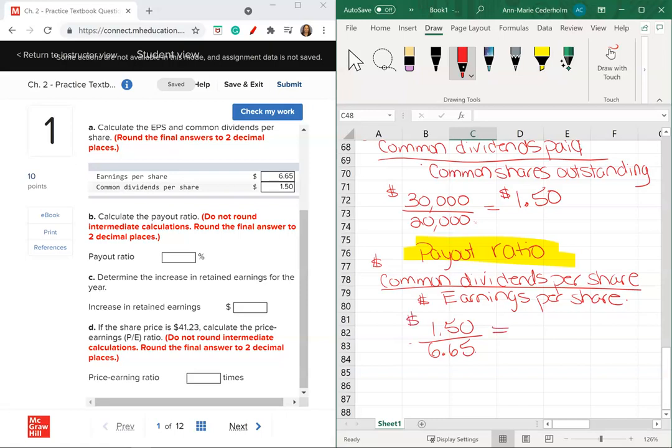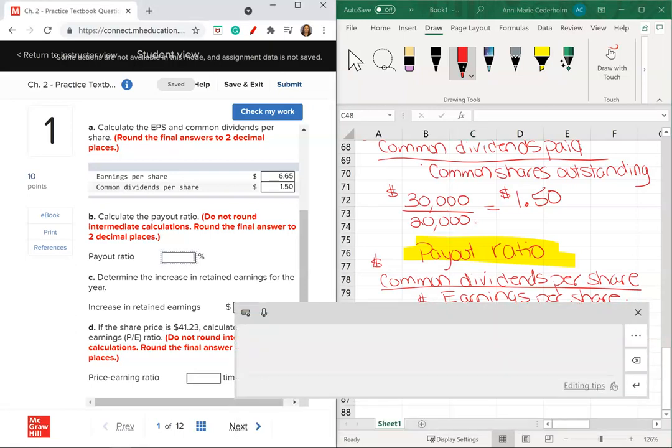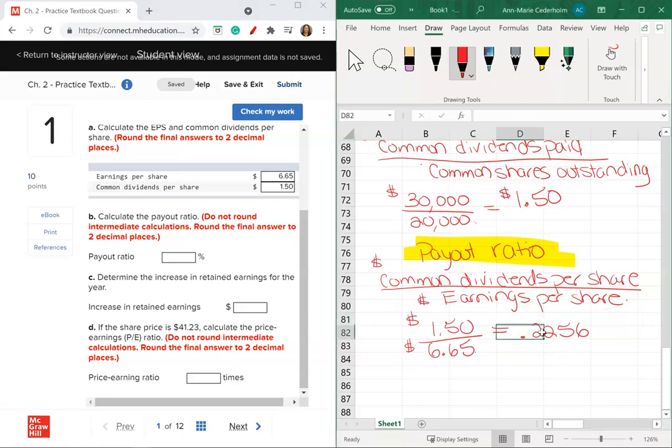When we divide those two and round to 4 decimal places, it's 0.2256. Now I want to express it as a percentage, so I just move the decimal place over, and now we've got 22.56%.